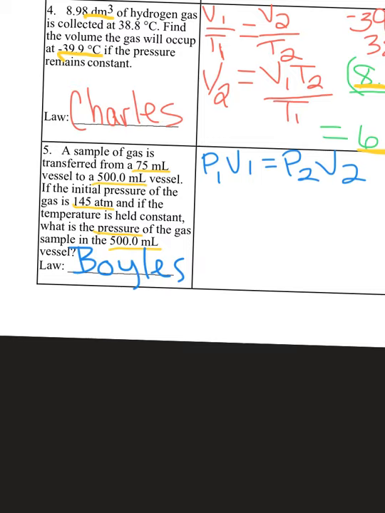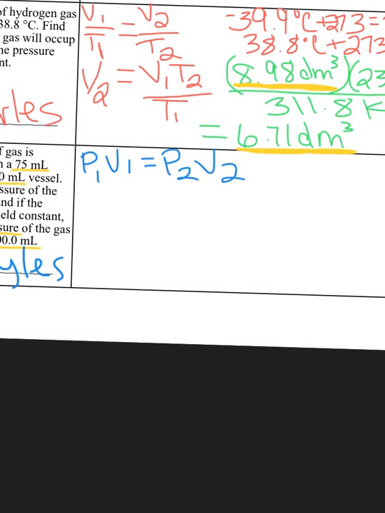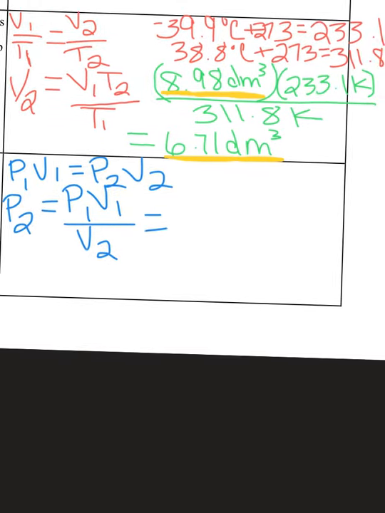Okay, so let's go back over here. Rearranging the equation, all we're doing is bringing V2 to the other side. So P1 V1 divided by V2. So we just plug everything in.